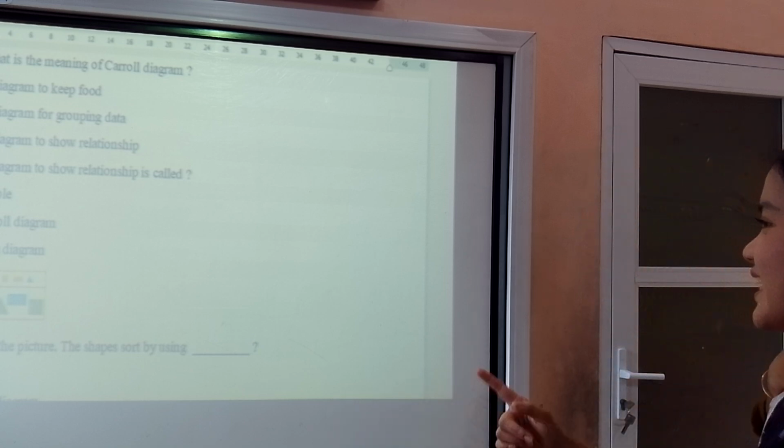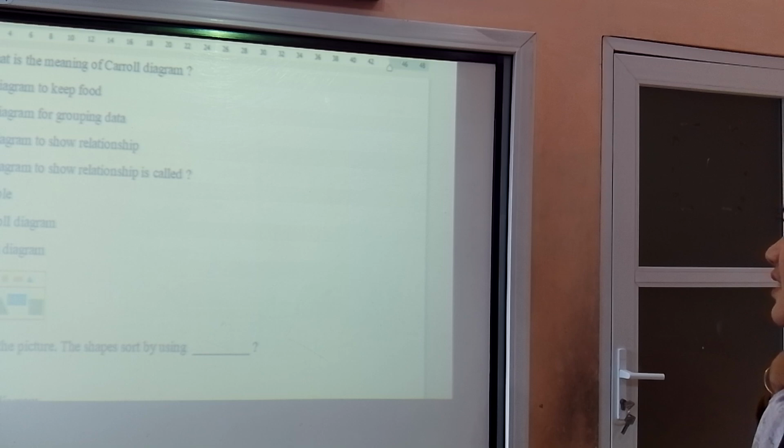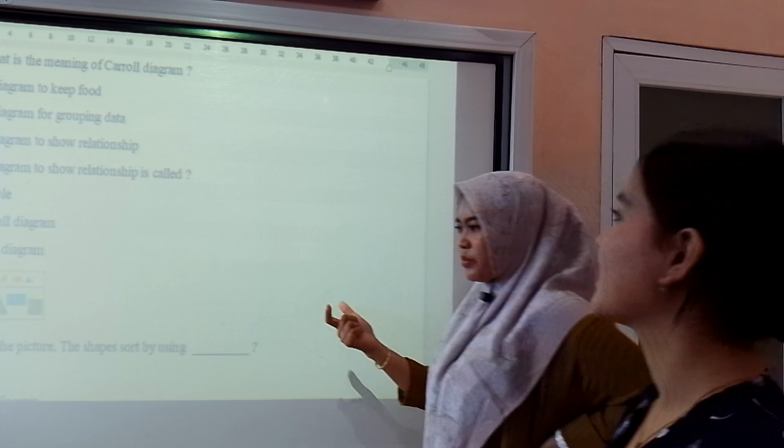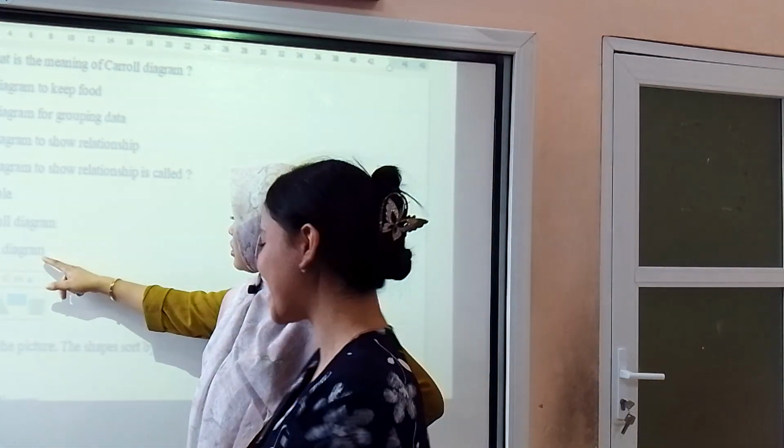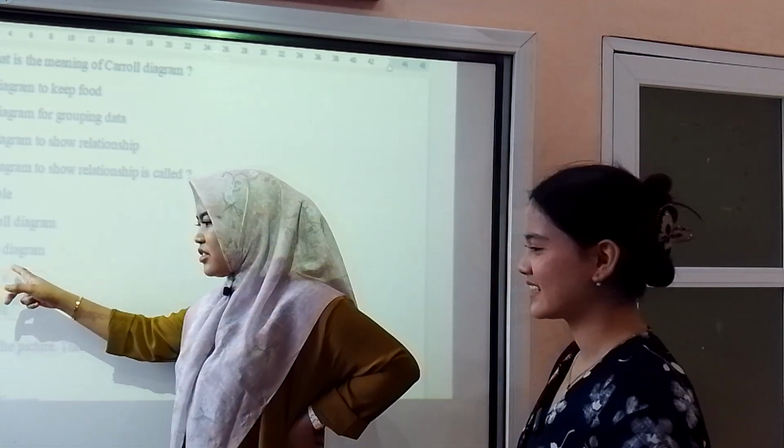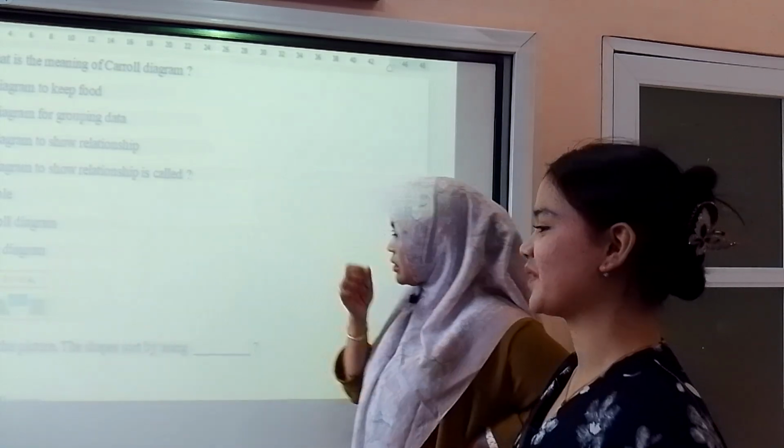Showing relationship is Venn diagram, and grouping data is Carroll. Yes, Miss, the answer key is wrong.